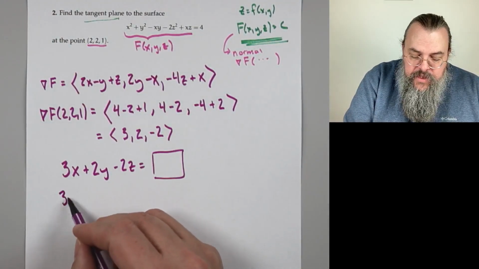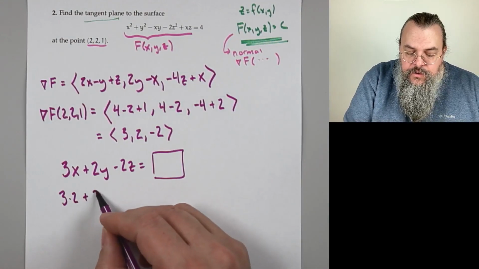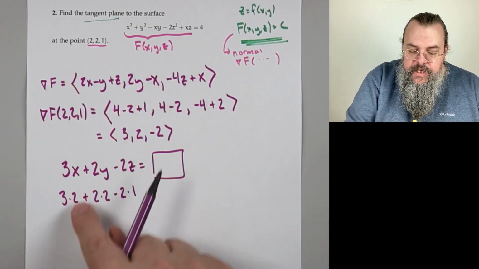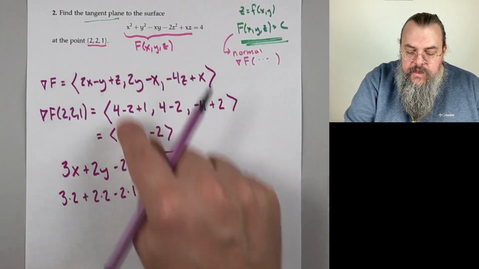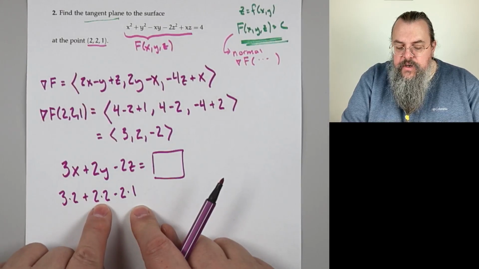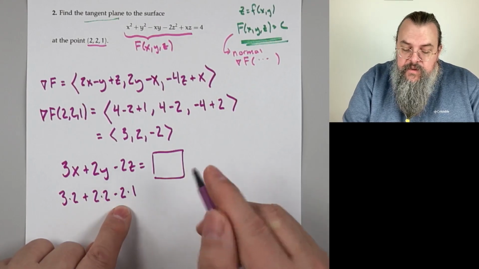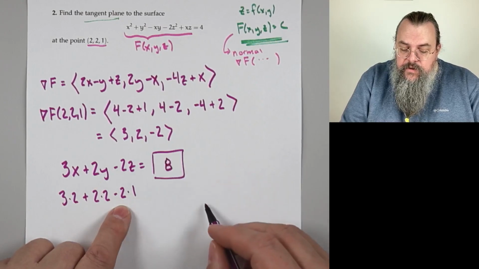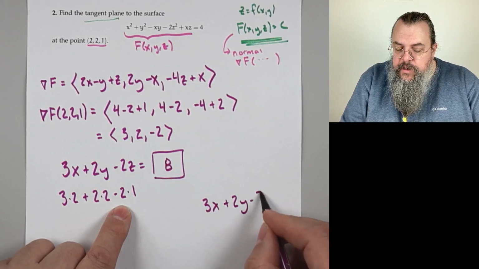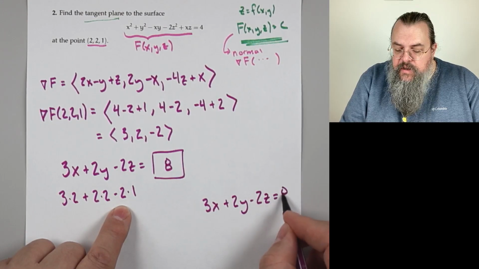So it's going to be 3 times 2, 2 times 2, and minus 2 times 1, plugging in the x, the y, the z. 6 plus 4 makes 10, minus 2 makes 8. So putting it all together, 3x plus 2y minus 2z equals 8.